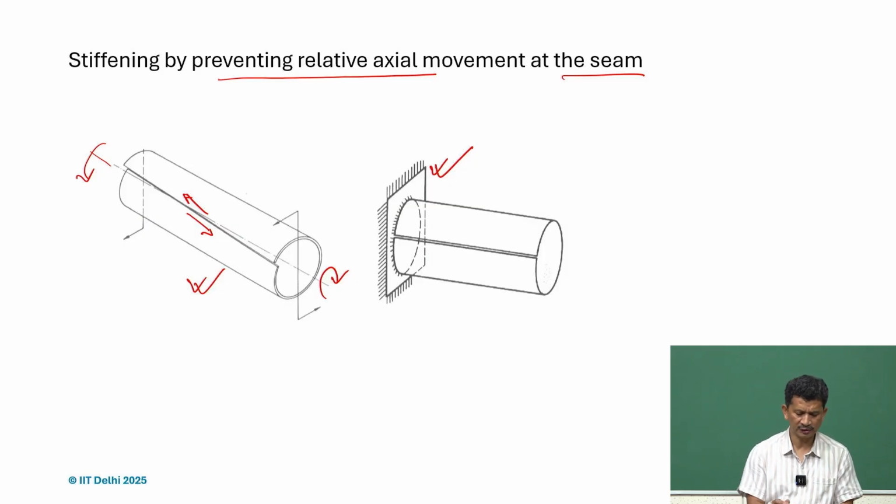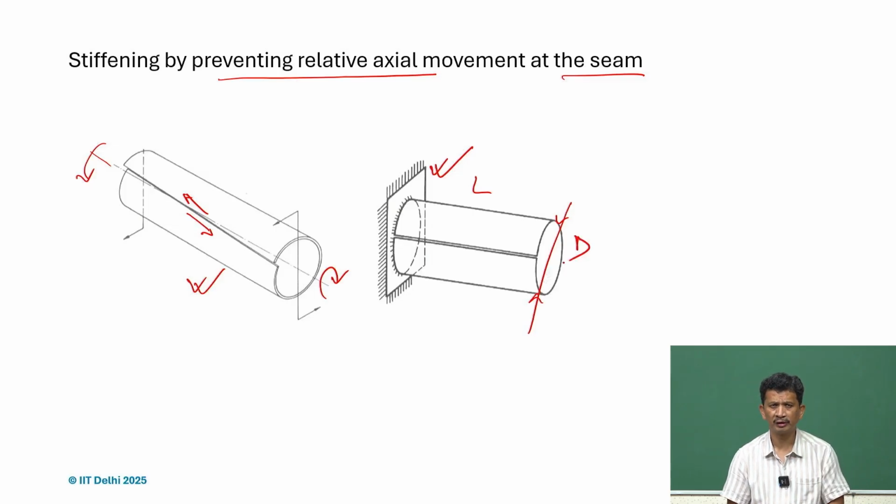Of course, the length and the diameter are going to be critical, and in order to avoid any relative axial movement, maybe at a few intervals we may have to weld it, tack it so that it doesn't move, and that way we can preserve the torsional stiffness. So even though the member is open, we can achieve the torsional stiffness of a closed section even with the open profile.